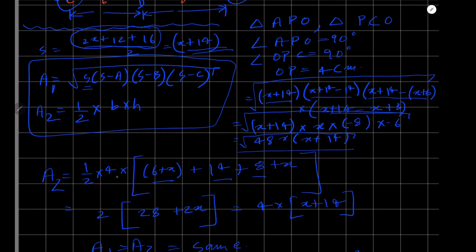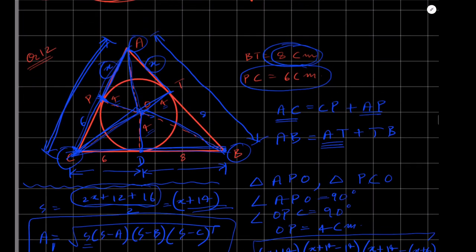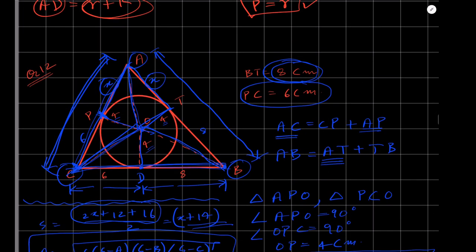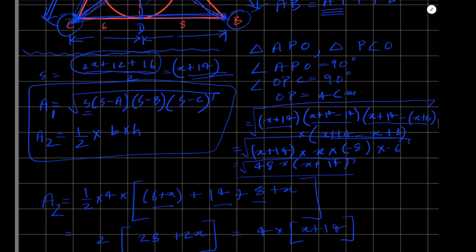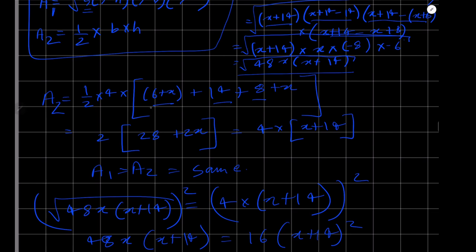A2 will be equal to half into 4. 4 centimeter is the radius and its height of all three triangles, which is summed up to the area of the big triangle ABC. So we are adding three different areas of a triangle so that we get the same area for the whole big triangle ABC.